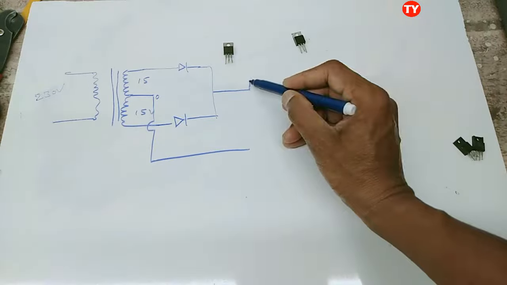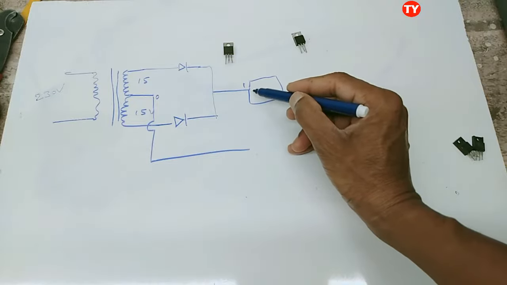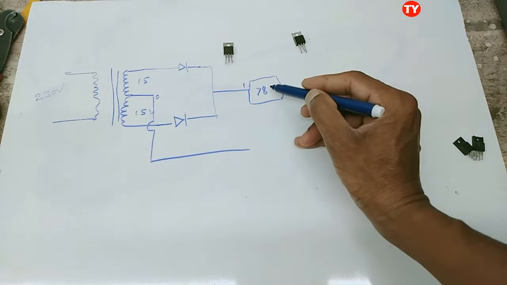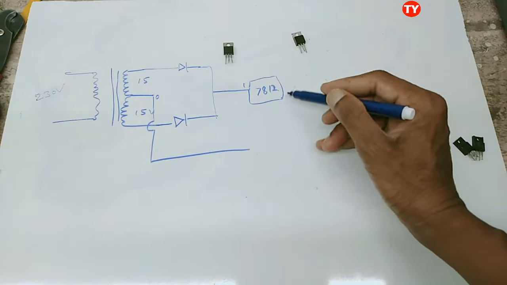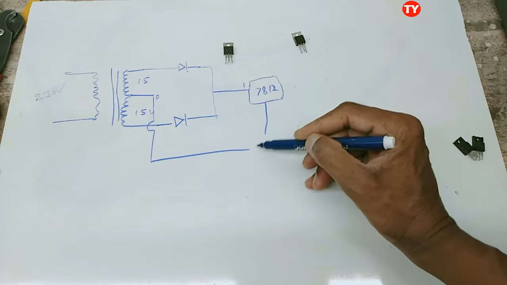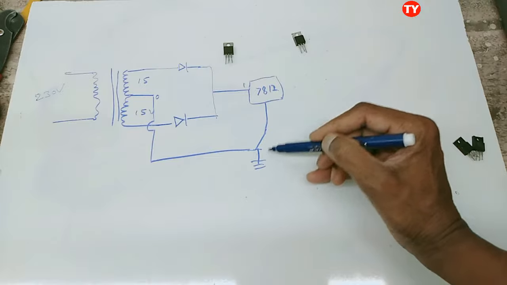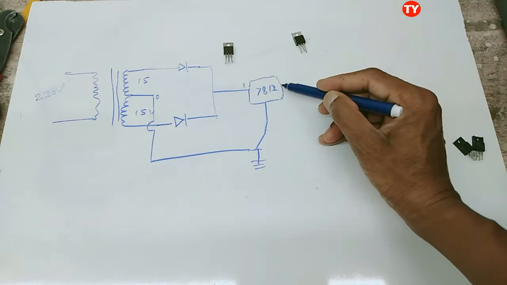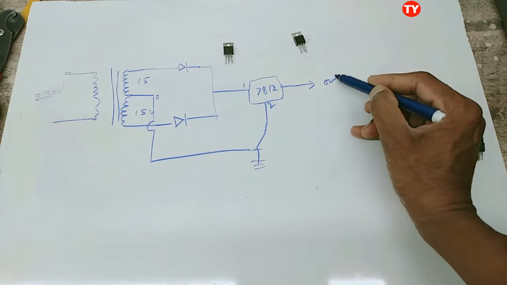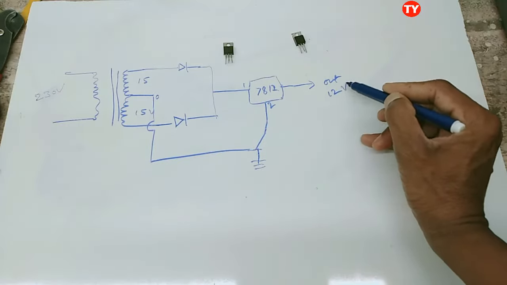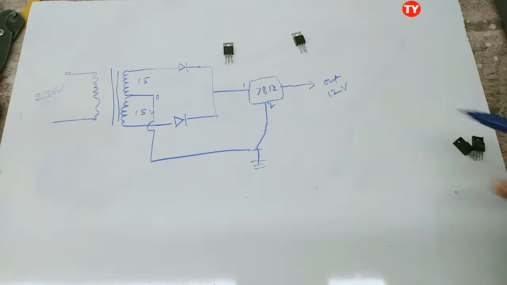Here regulator IC, one pin input, 7812, positive regulation. This one here ground. Here second pin, this one third out. Here we will get positive 12 voltage, regulated positive.